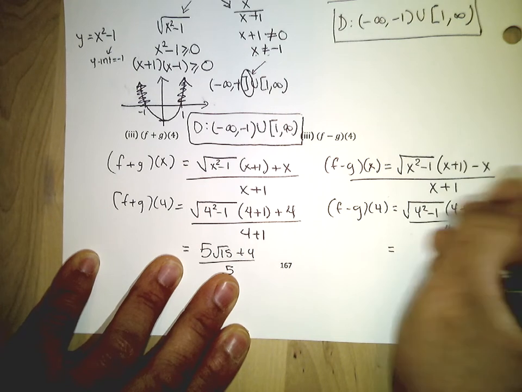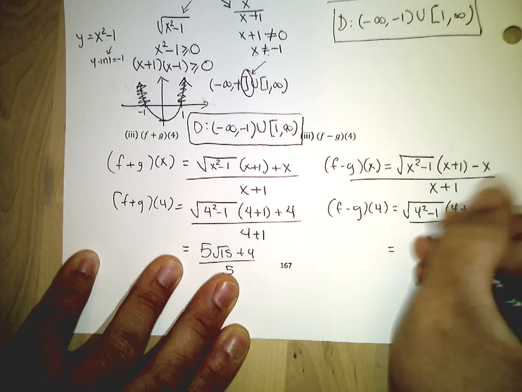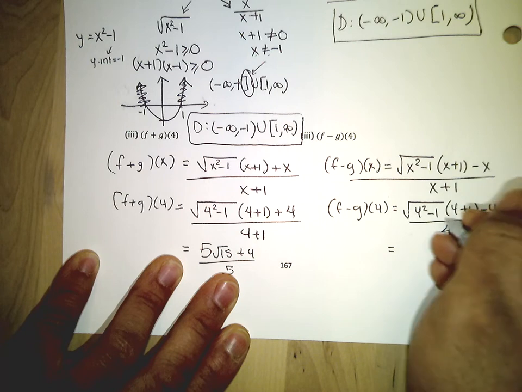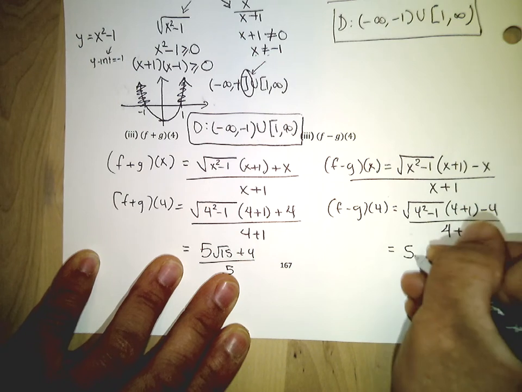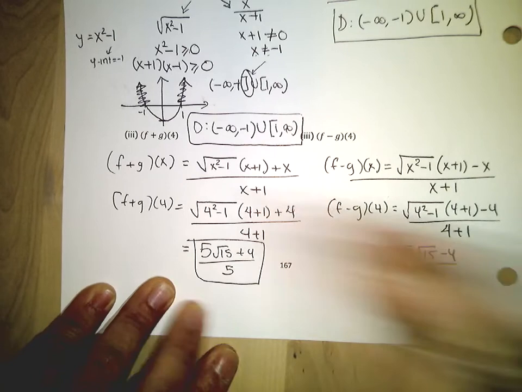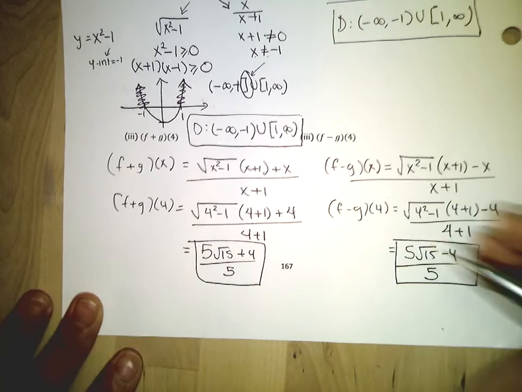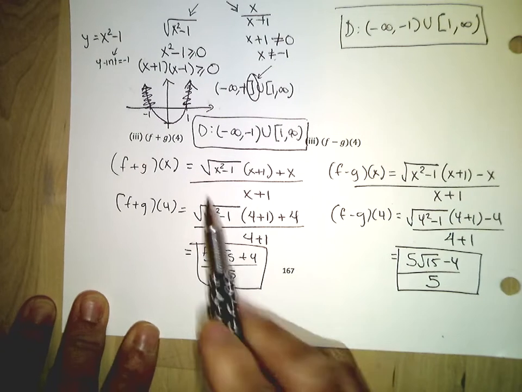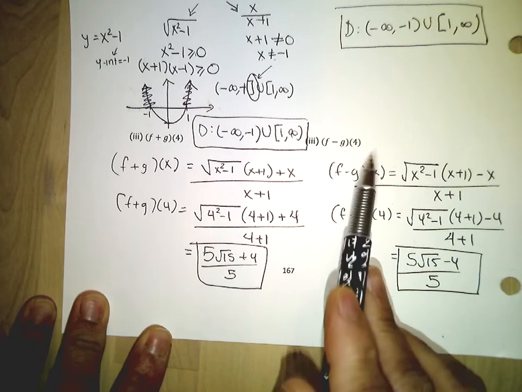So that will be square root of 4 squared minus 1, that's square root of 15. 4 plus 1 is 5, so 5 square root of 15 minus 4 all over 5. So these are the values of f plus g of 4 and f minus g of 4.